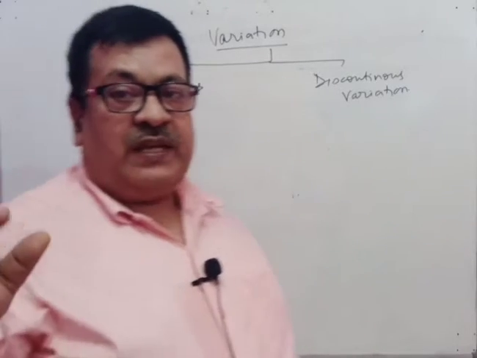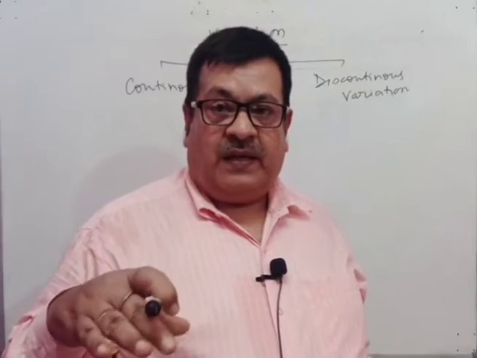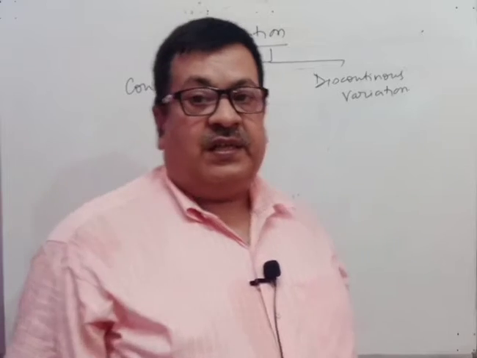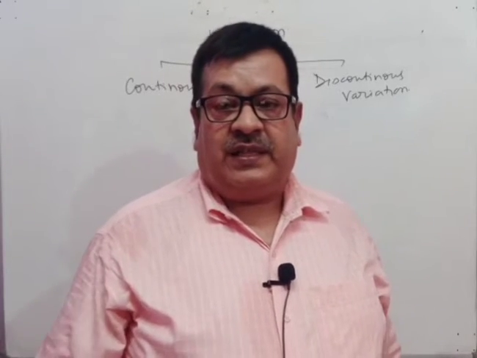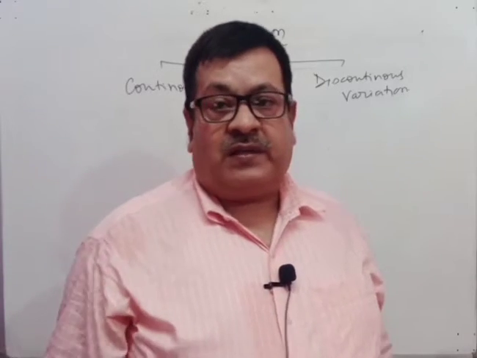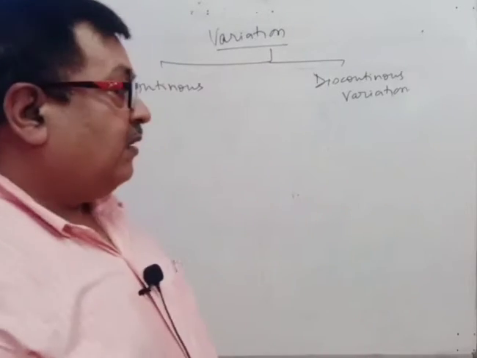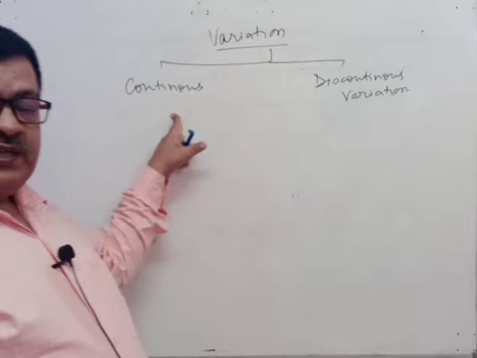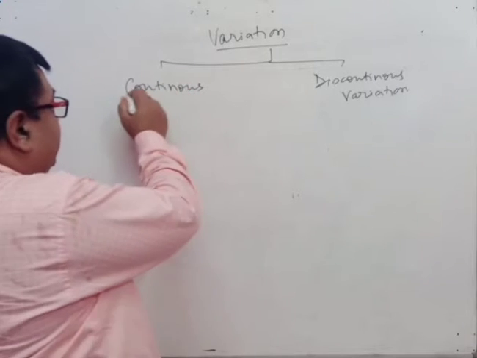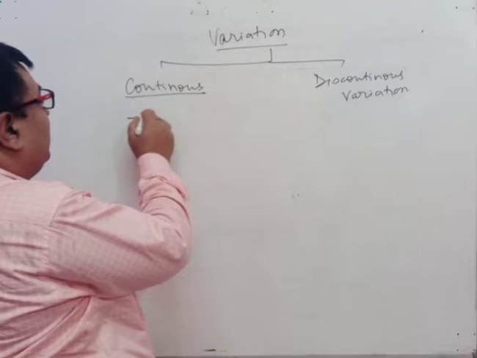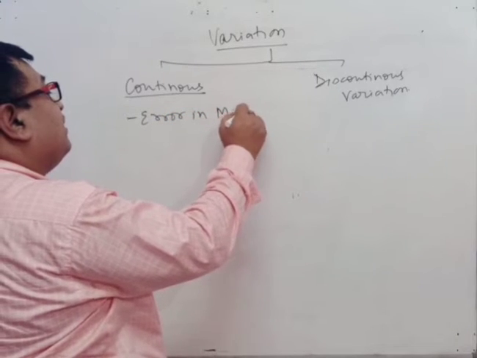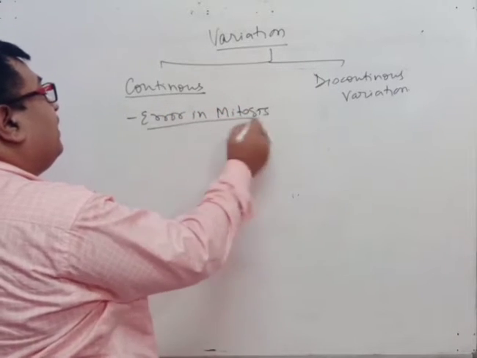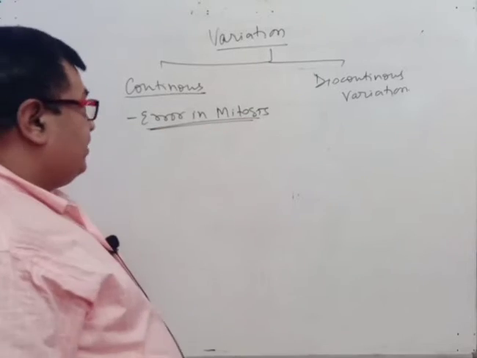So continuous variation appears in both. Where it appears, we will study in the next molecular genetics level. First of all, see that continuous changes in genetic matter come through error in mitosis.